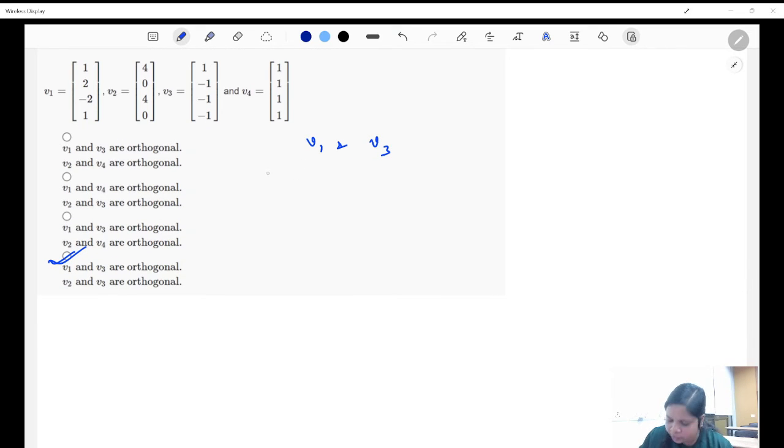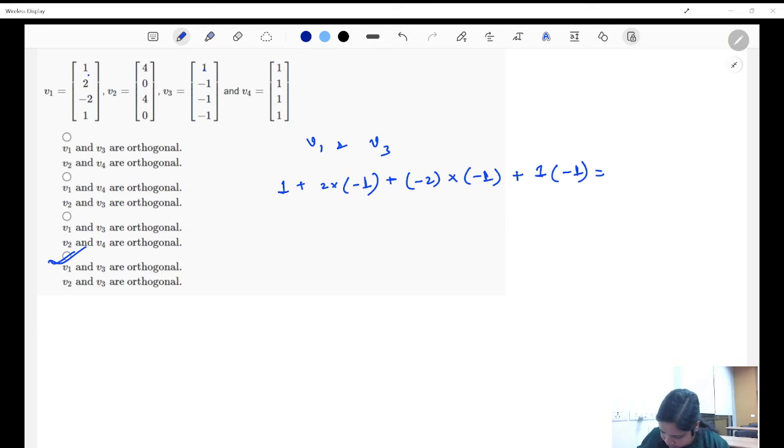The dot product of V1 and V3 is 1 into 1, which is 1, plus 2 into minus 1, plus minus 2 into minus 1, plus 1 into minus 1, right? 1 minus 2 plus 2 minus 1, all cancel out to be 0.